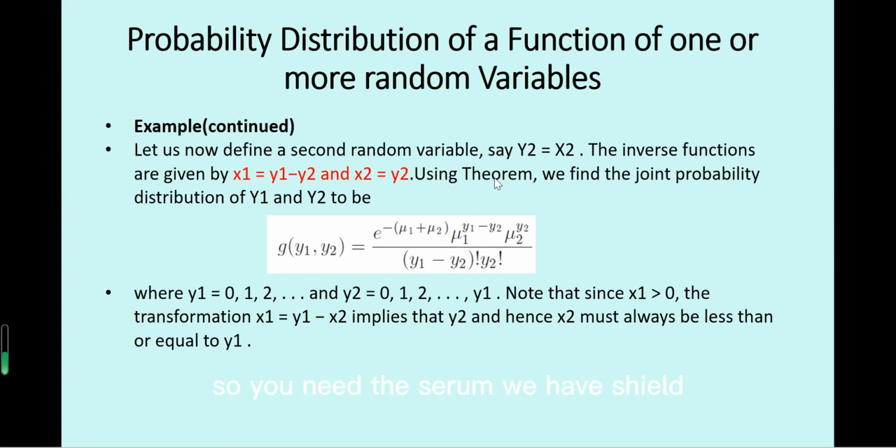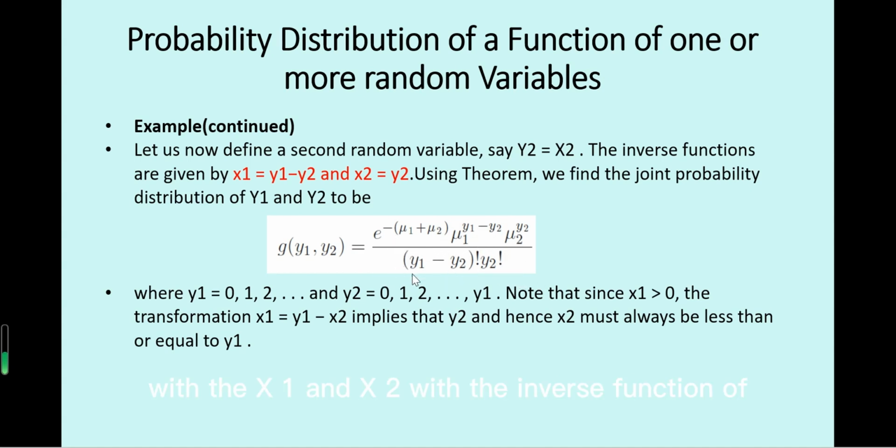So in the theorem we have shown before, we can find the joint probability of y1 and y2 to be g(y1, y2) equals the joint probability of x1 and x2, where we just fill in the values of the inverse functions of x1 and x2 in terms of y1 and y2.